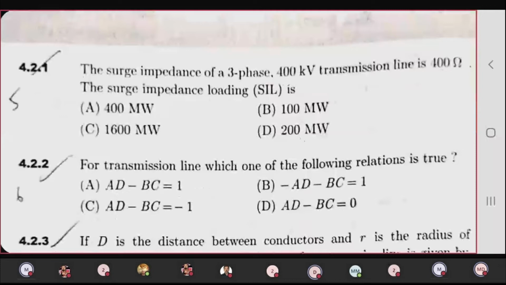So we have to find out surge impedance loading for the system given in the question. The information given is it is a three-phase system. The voltage rating is 400 kV, and the transmission line impedance is 400 ohms. So a simple relation we have.